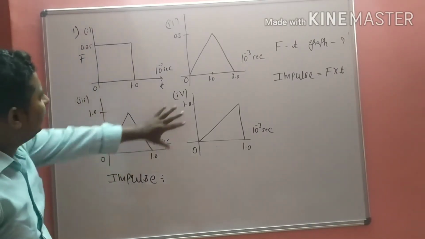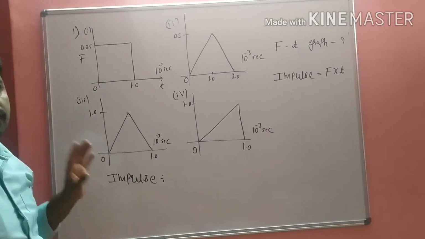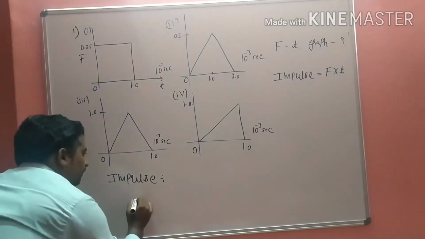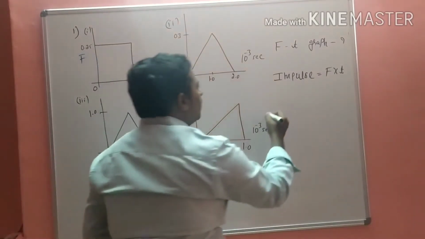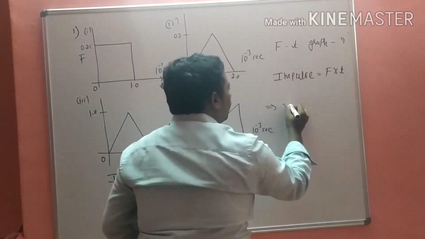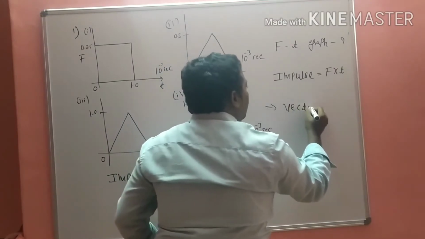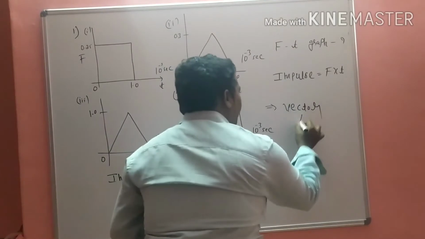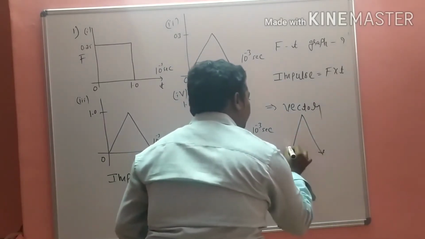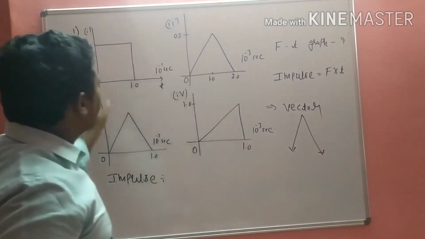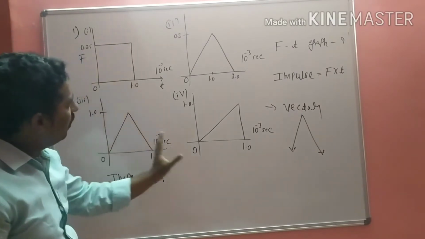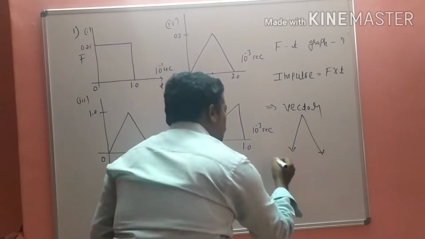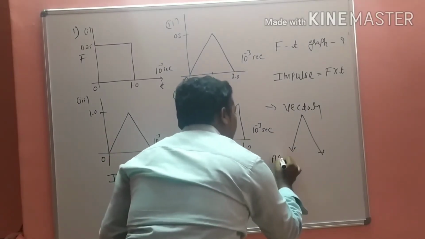Now, by the graphical method, how do we find the magnitude? Because impulse is a vector quantity. Vector quantity means it has magnitude and direction. So in the graphical method, the area gives the magnitude.